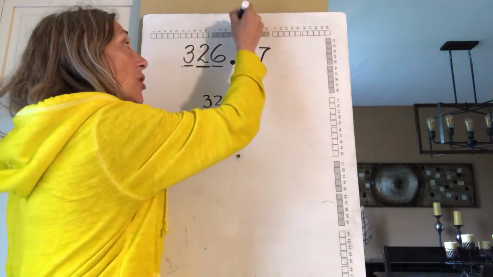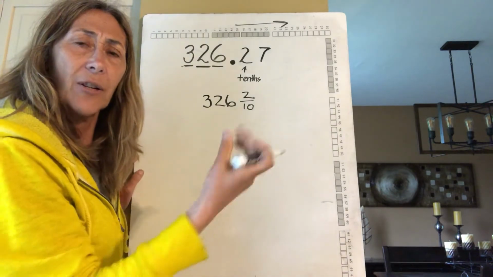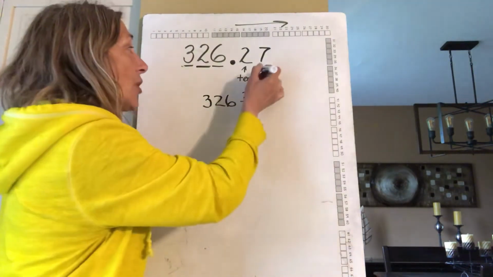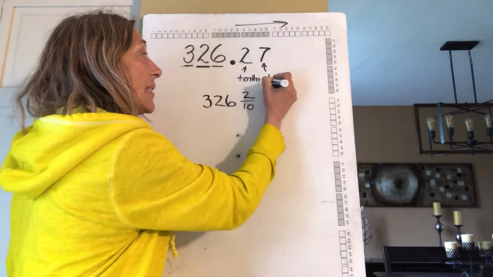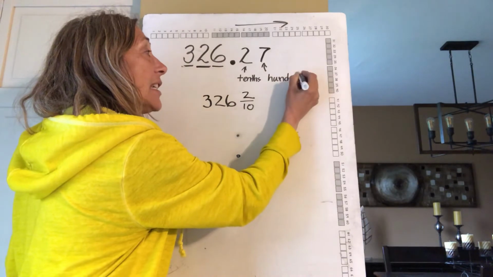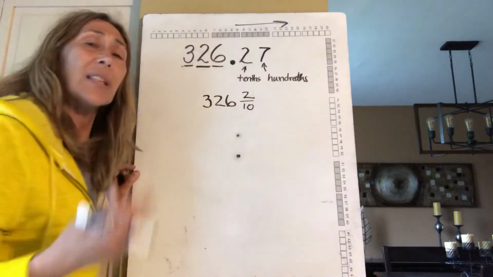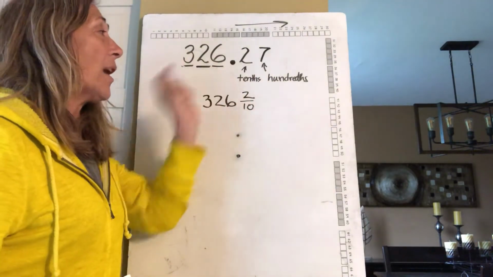I'm going to the right, and it keeps getting smaller and smaller. So 10 times 10 is 100, and this is the hundredths part. So it takes 100 of these to make one whole.